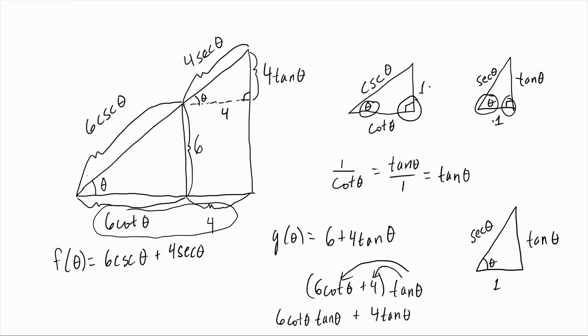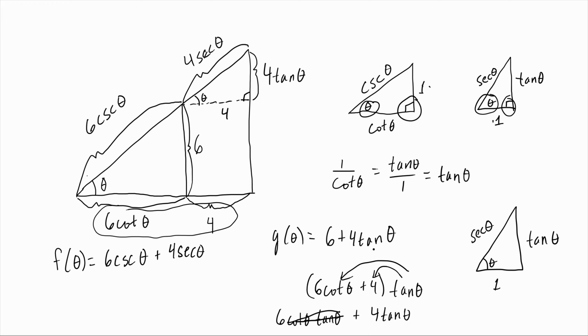So 1 to cotangent is the same as tangent to 1, which gives you this reciprocal notion. So tangent is the reciprocal of cotangent, 1 over. So you can replace tangent with 1 over cotangent, and look what happens. You go to cancellation, you'll end up getting the 6. So this whole part cancels, and you get 6 plus 4 tangent theta.